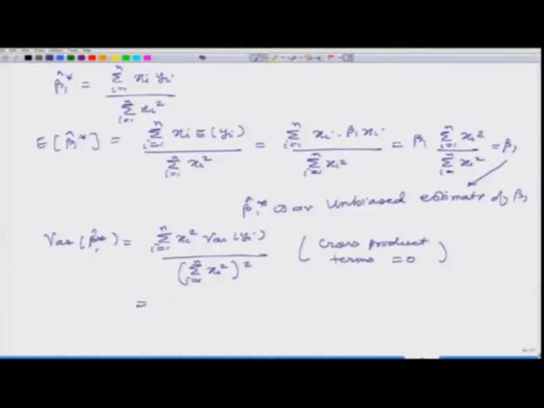So, once I substitute this, this comes out to be sigma square upon summation i goes from 1 to n xi square. Right.